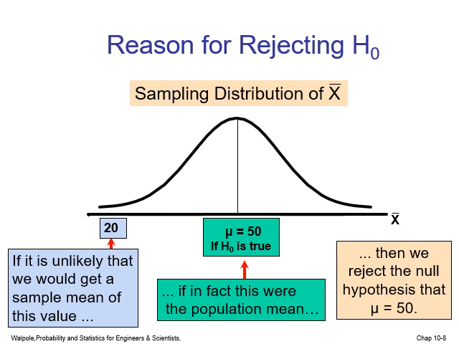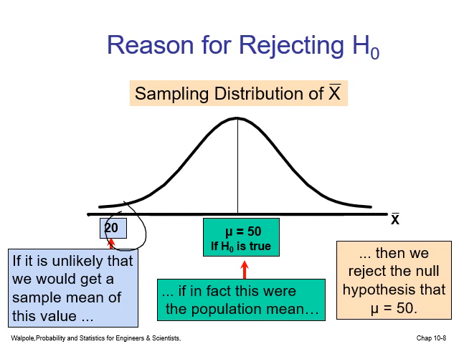The reason we reject this example of H0 is, first, it is unlikely that we will get this value for the sample mean. That's why we reject this hypothesis H0.